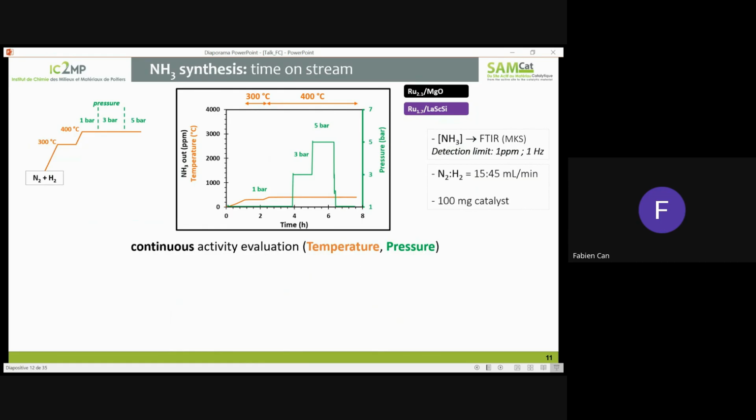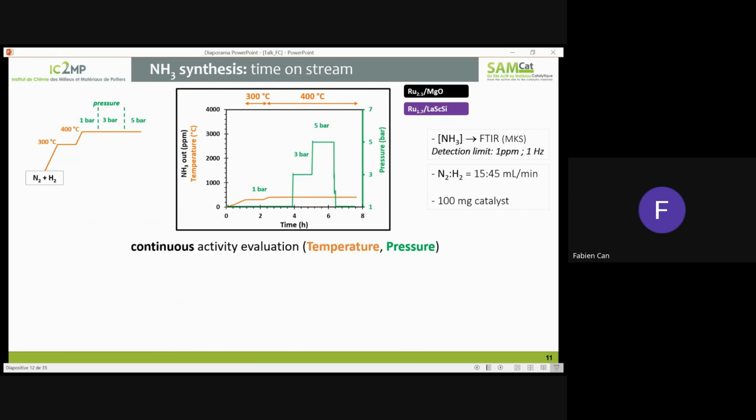On the left, you have the scheme of the experiments. The ammonia was analyzed in line, continuously, by a powerful infrared detector. This is an MKS instrument with a very low detection limit and very high speed of acquisition. All of these results were obtained with the stoichiometric ratio between N2 and H2 for 100 milligrams of catalyst.